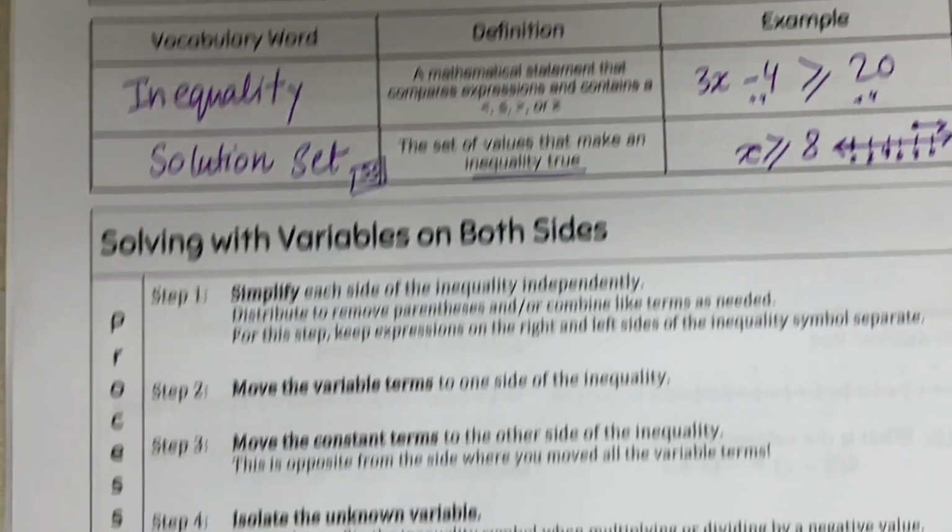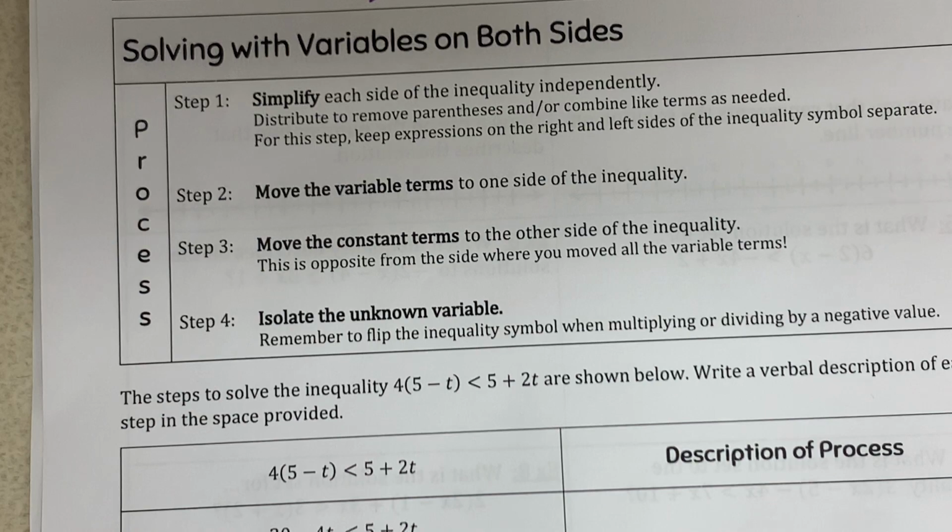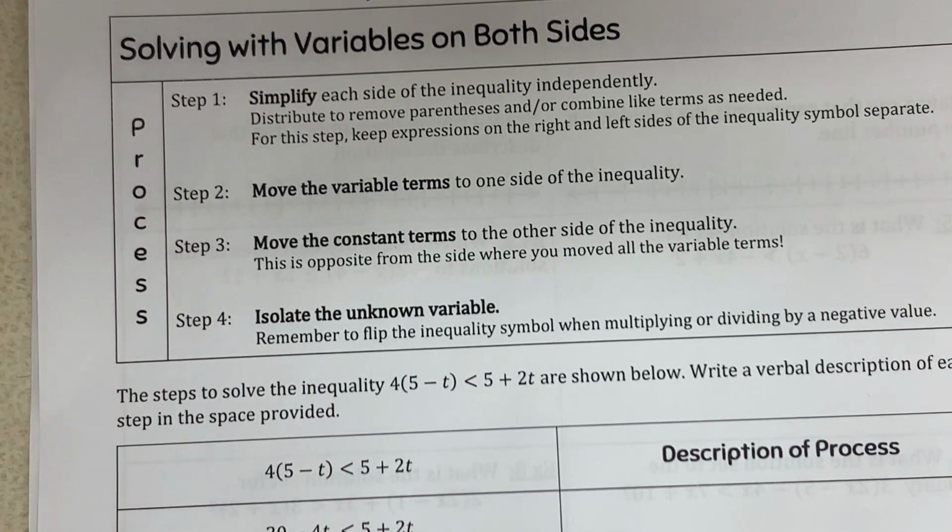So the steps are the same as solving equations. If I have parentheses, I am going to distribute first. If I have a variable on the right side, I am going to move it to the left. If I have a constant on the left side, I am going to move it to the right. So my steps are actually all the same steps.